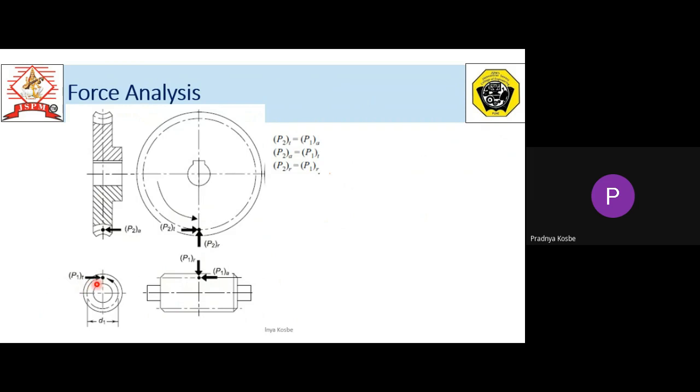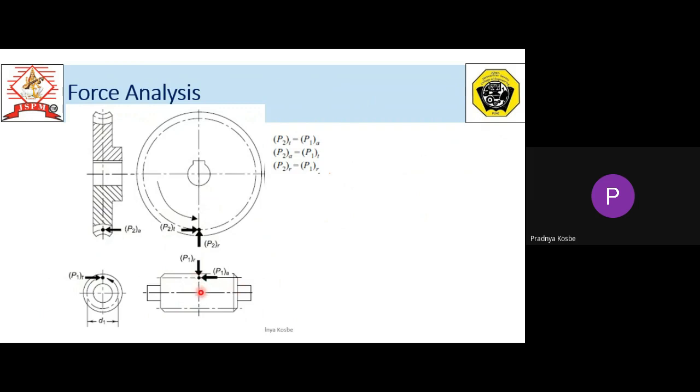Then P2T is the tangential force acting on the worm wheel, and P2A is the axial force acting on the worm wheel.